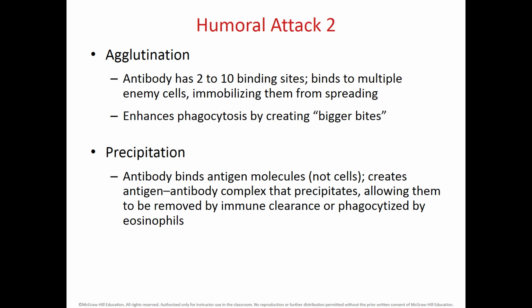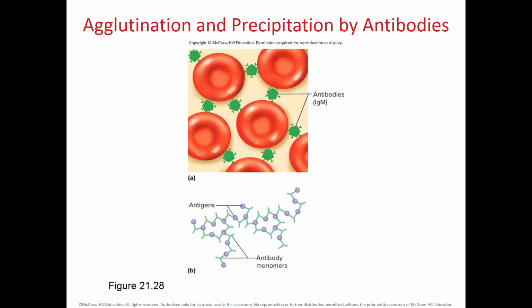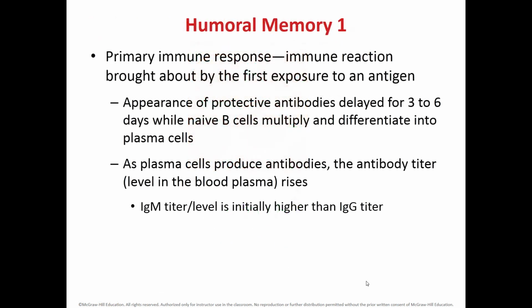Now, as well, it will, as I said before, precipitate these antigens together with the antibodies, allowing them to be removed by immunological clearance by the eosinophils. So all of these will be precipitating, and then the eosinophils can get rid of them.